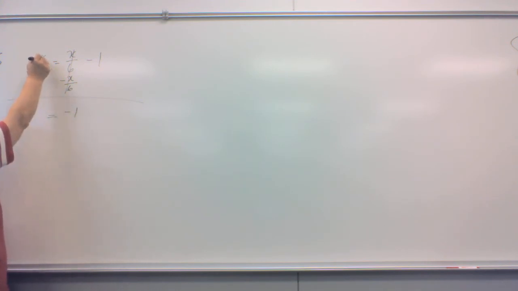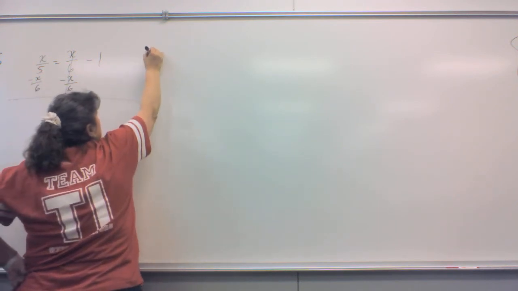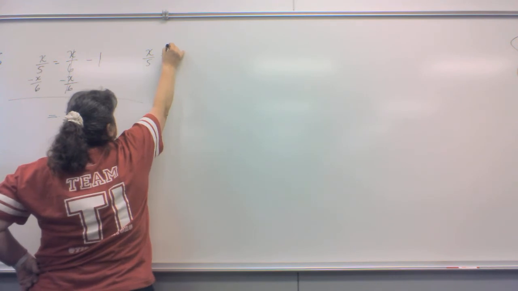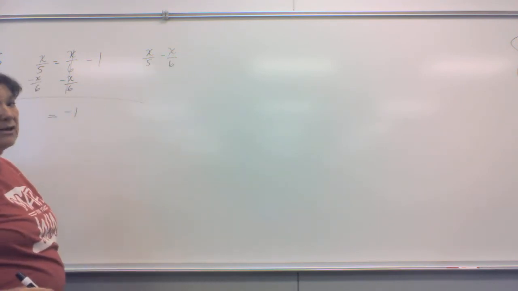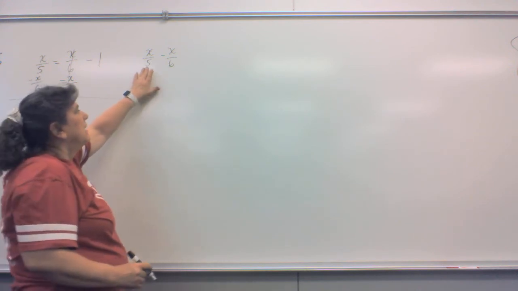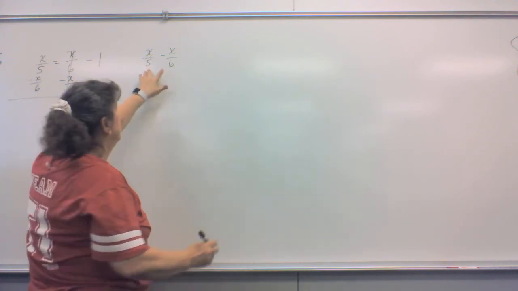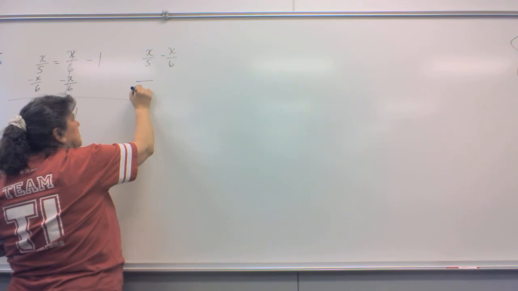Over here I have an x over 5 minus an x over 6. So let's look at that. X over 5 minus x over 6. I'm going to need a common denominator to deal with that. And they have no factors in common, so my common denominator will simply be 30.